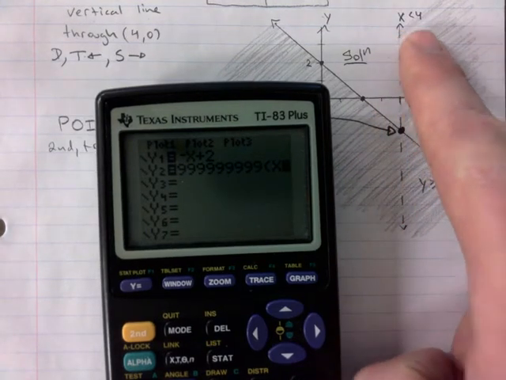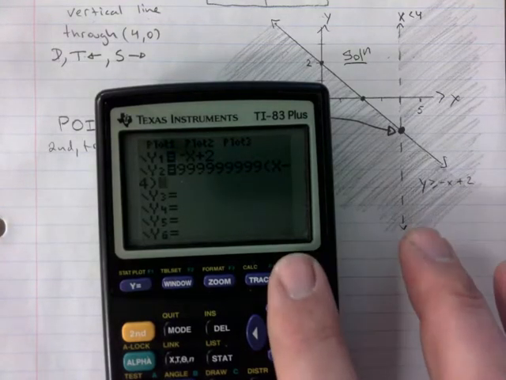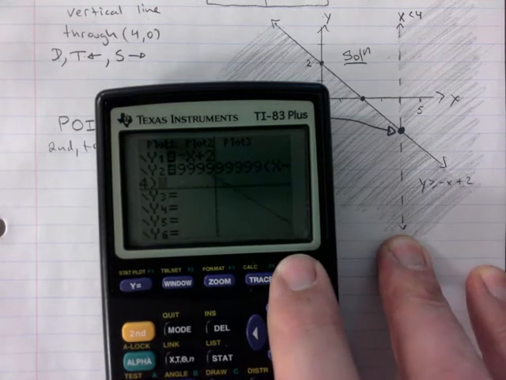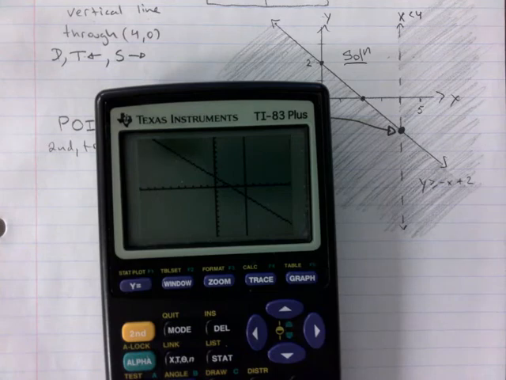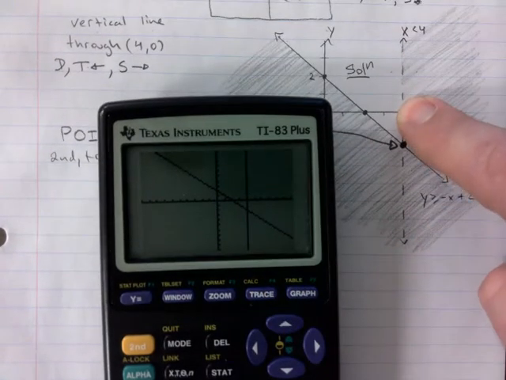X is positive 4. You have to type in minus 4 like that, as in subtract. Close the bracket. And then when you hit graph, it's going to look terrible. That line is not going to look like a vertical line, but it's not bad. Sometimes it's very pixelated. But see, now you actually graph that vertical line.